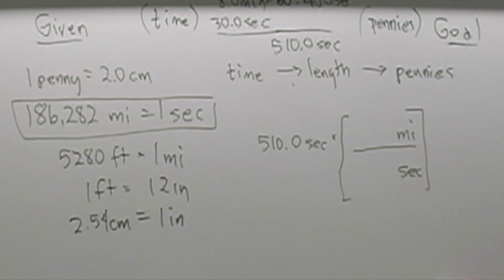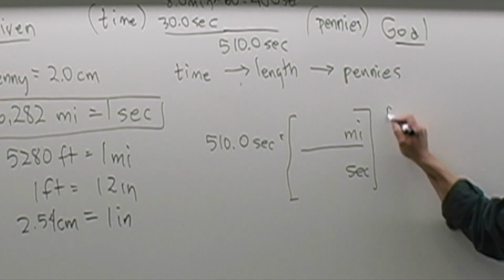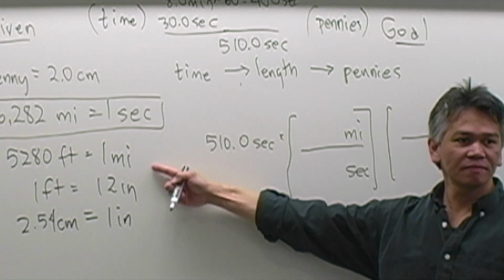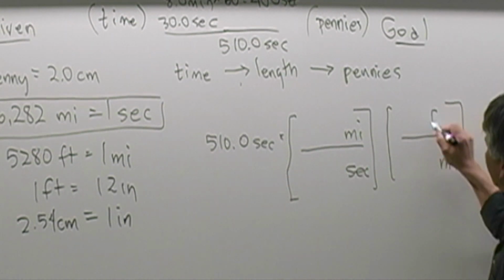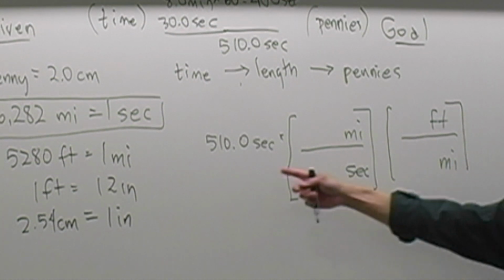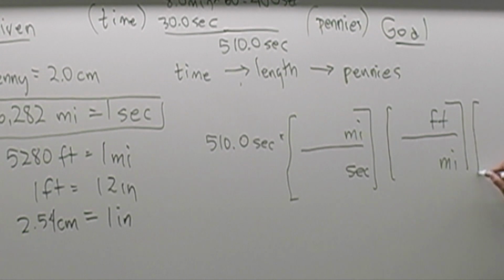And then after that, I will do a second conversion factor. What unit goes on the bottom? Miles. What unit goes on top? Feet. You see, I'm taking the roundabout way. I'm not going the direct way. I'm going through these conversion factors. But that's okay, because I will still get there.